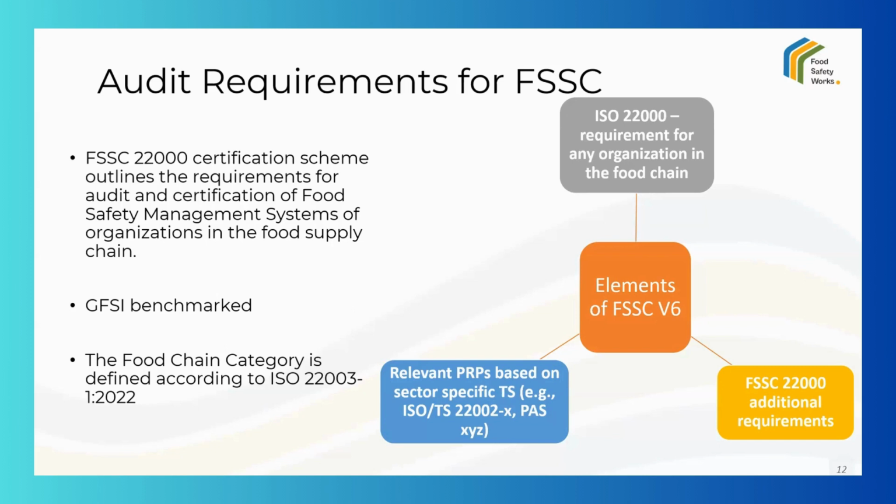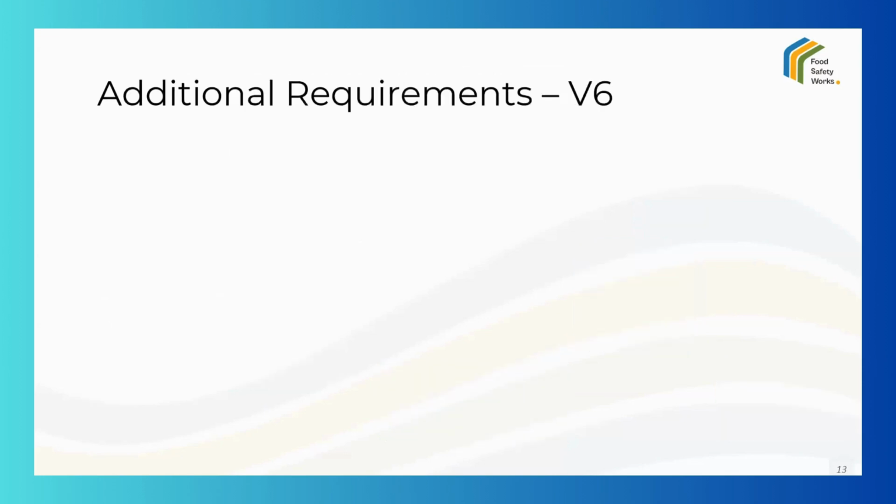We will be discussing FSSC 22000, the additional requirements, because that's the major part where the changes have happened. Now, before we go into that, there is something called a scope. There are a few shuffles that have happened in the scope itself.